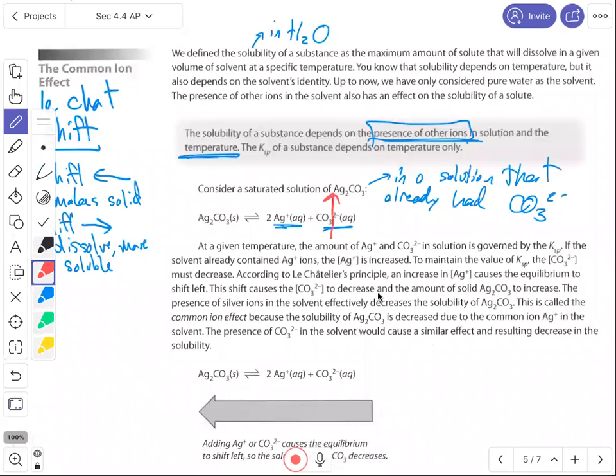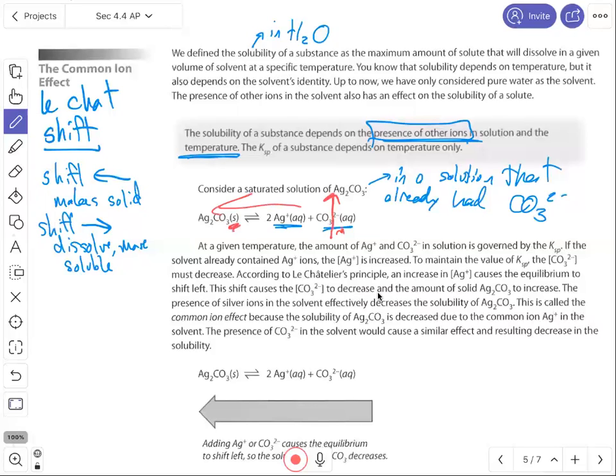Which way does it shift? Left. And you would end up with more of the solid. That's all common ion is. It's saying, I already have some of this stuff, therefore I will dissolve less of my solid.